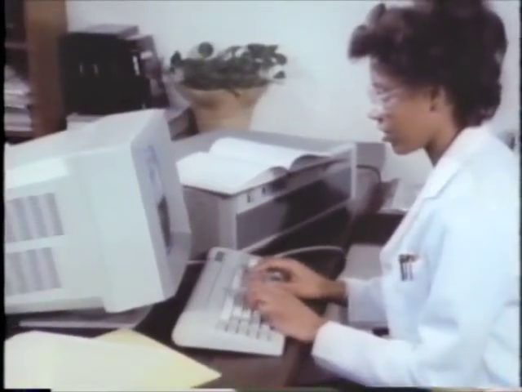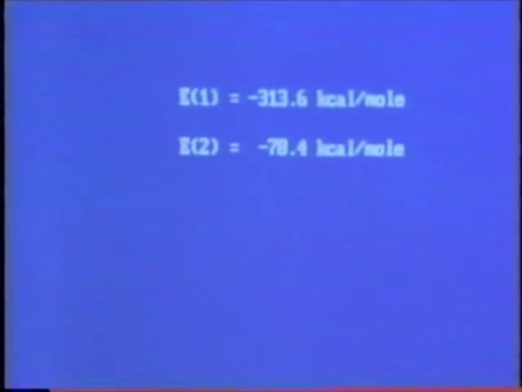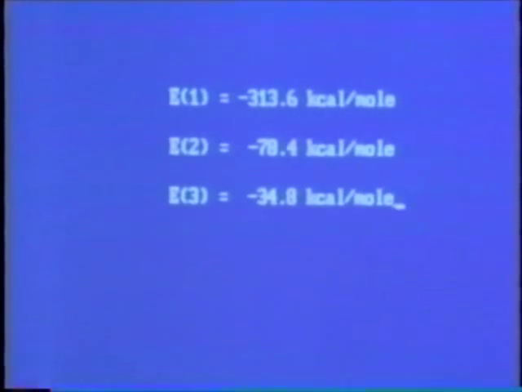This computer simplifies the task of carrying out the calculations. When the calculations are completed, the computer tells us the energy levels for a hydrogen atom according to the quantum mechanical description.